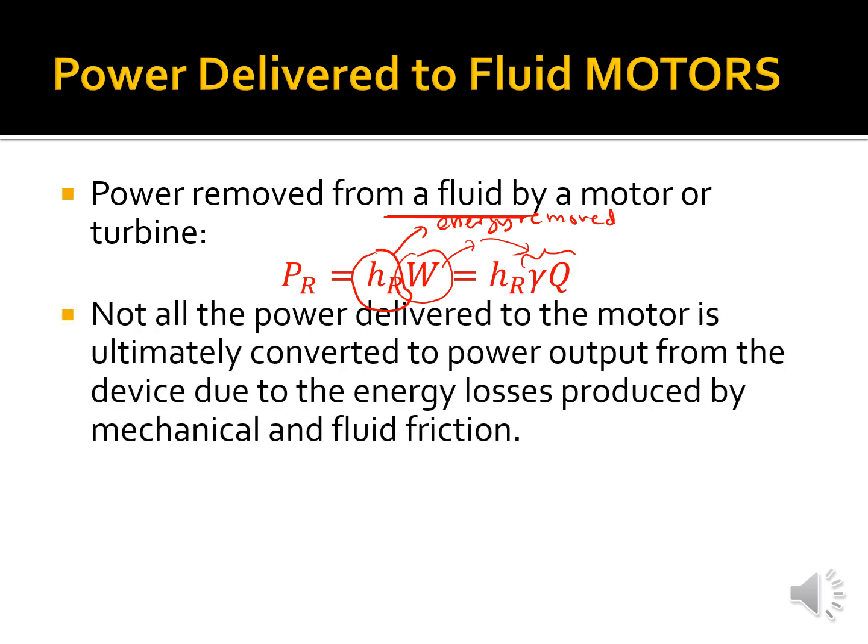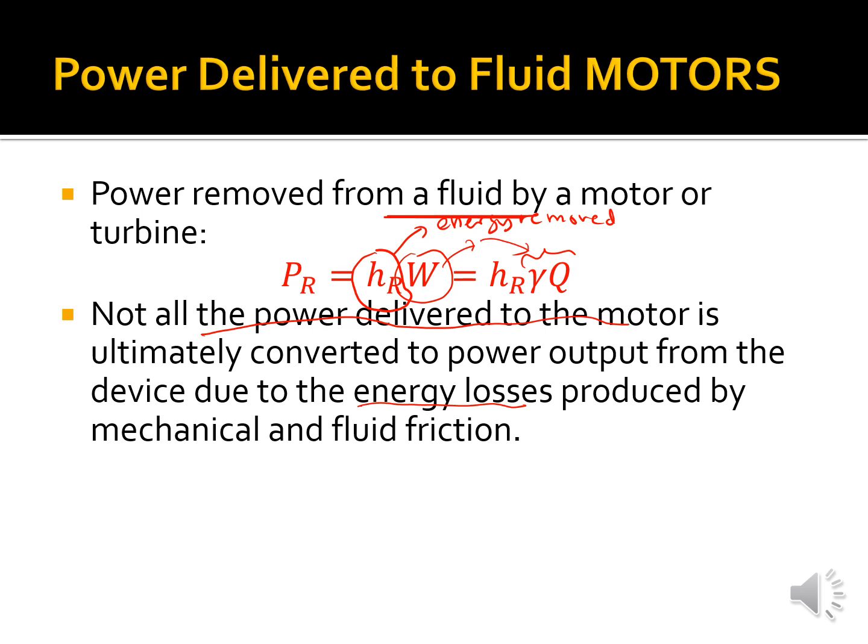The same goes as before: not all the power is delivered to the motor, and there might be energy losses inside the system, which reduce the amount of power removed.